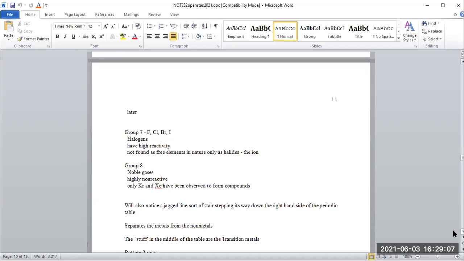You almost never find them in their pure state in nature. They are usually in their ionized state: fluoride, chloride, bromide, and iodide, attached to other elements in compounds. Things like sodium chloride, table salt. Sodium chloride has a metal plus a non-metal.